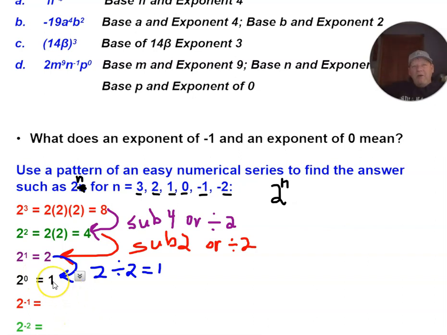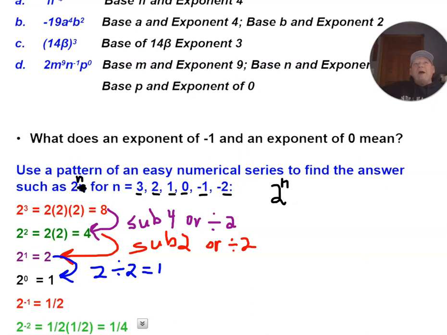Now take 1 and divide it by 2. 1 divided by 2 is 0.5 or 1/2. And then 1/2 divided by 2 is the same as 1/2 times 1/2, which would equal 1/4.